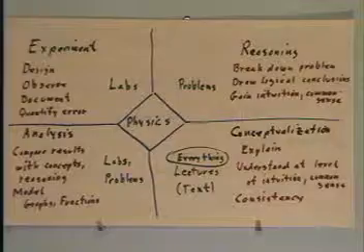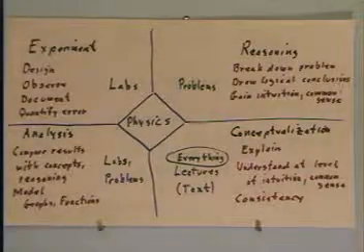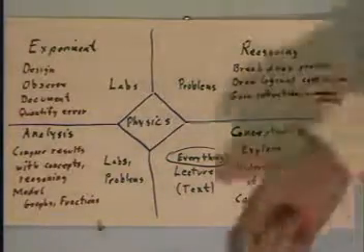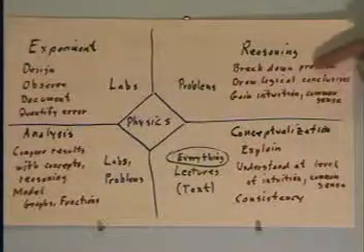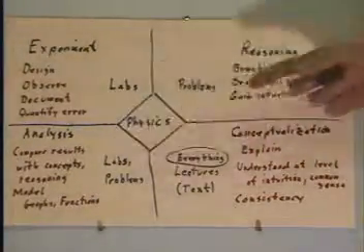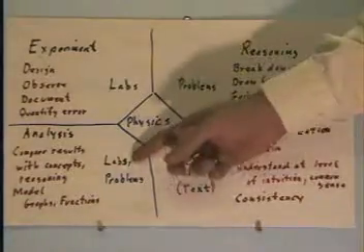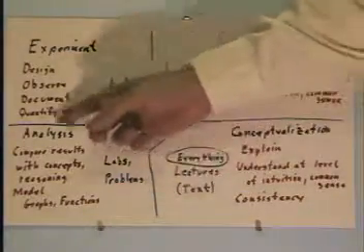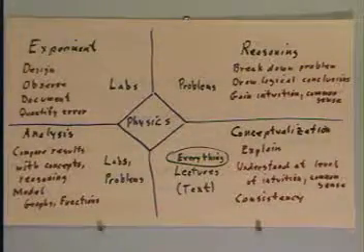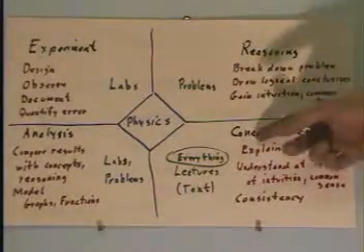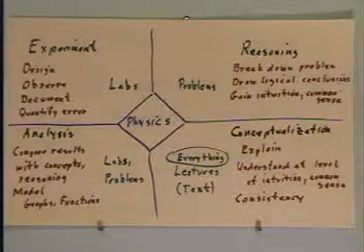And of course we make bigger models, theories, and so forth. But this is what we do with the analysis of an experiment, or in some cases with the analysis of a problem. Okay, so we take lab results and problems, we analyze, and we get this sort of interplay. And of course then we have conceptualization down here.